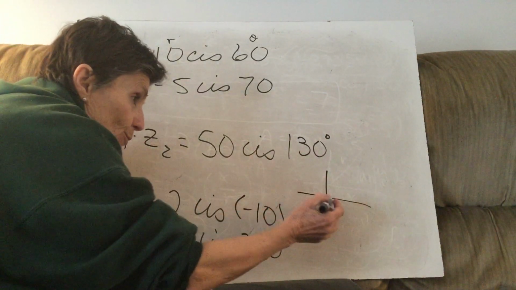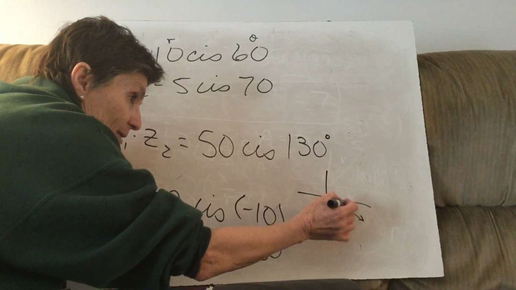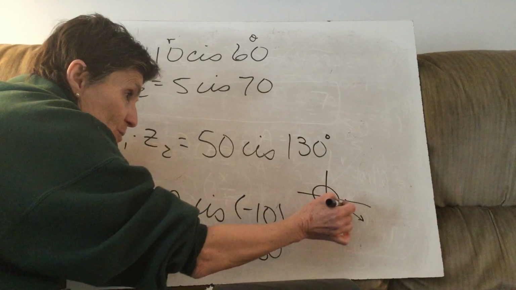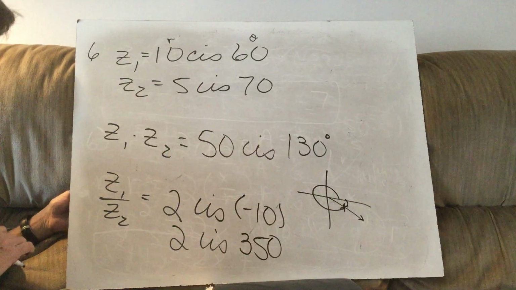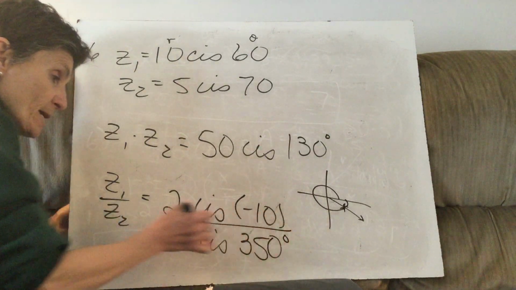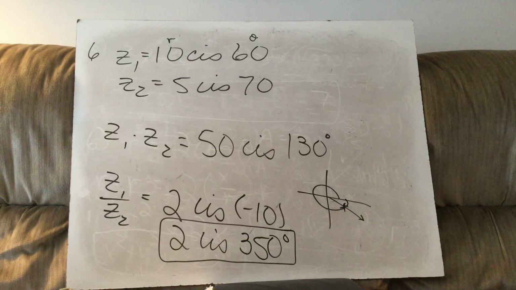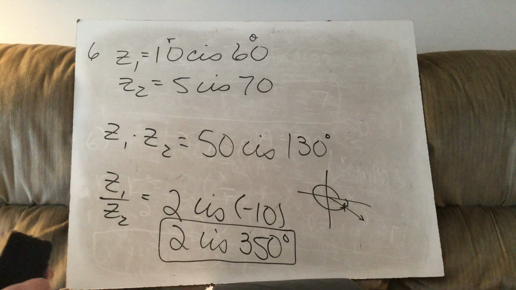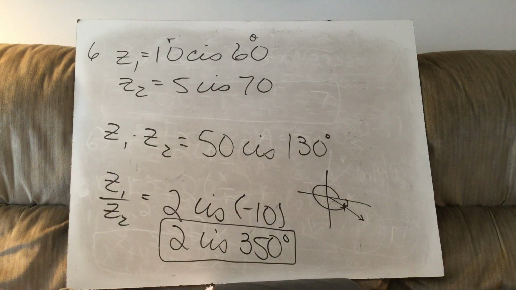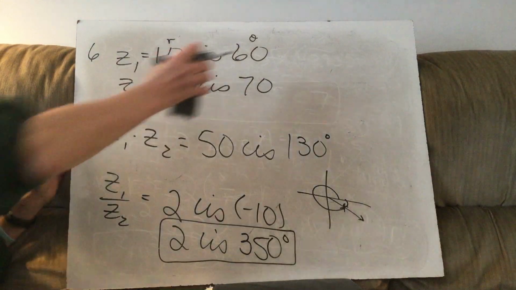If you drew a negative 10-degree angle, that would be drawn in the same place as a positive 350. To change the angle, you simply add 360. And that is the answer to question B.